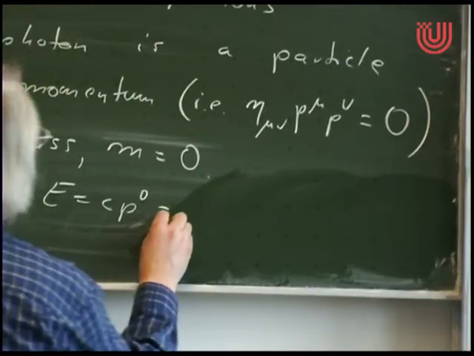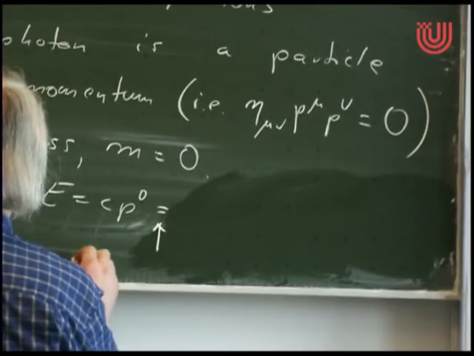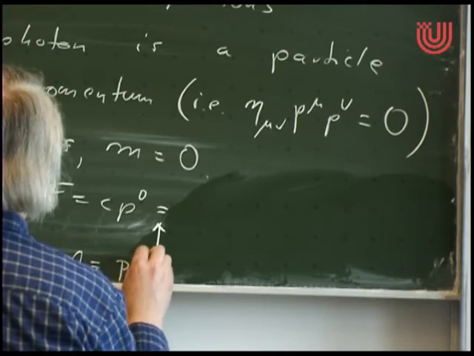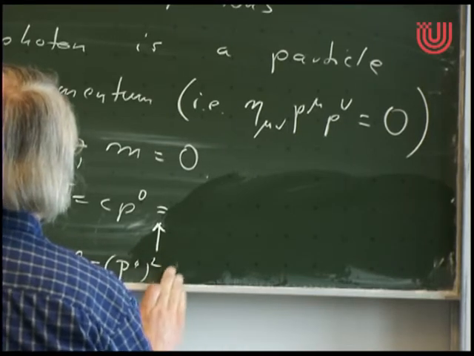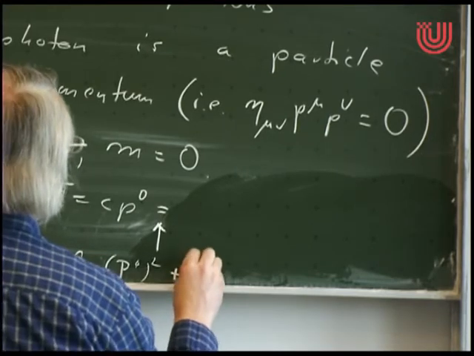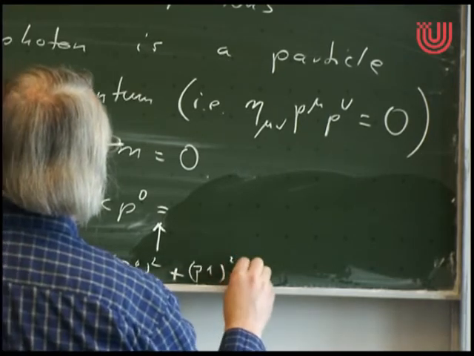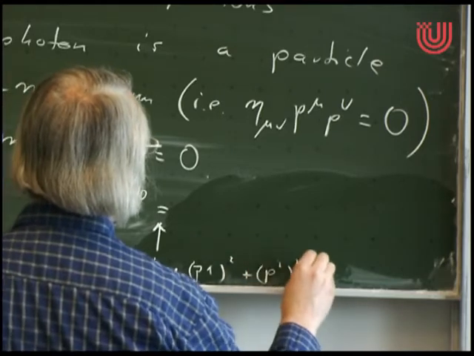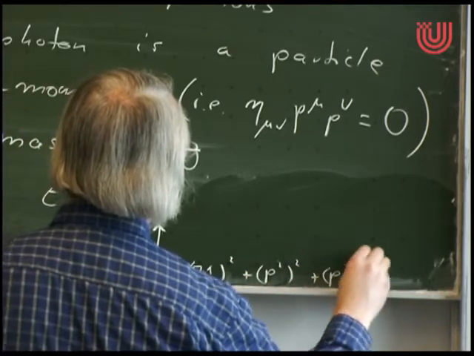And so what I want to use here is that this is minus P naught squared plus P1 squared plus P2 squared plus P3 squared, right?